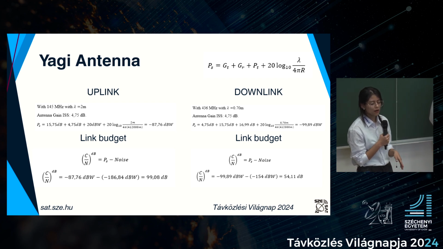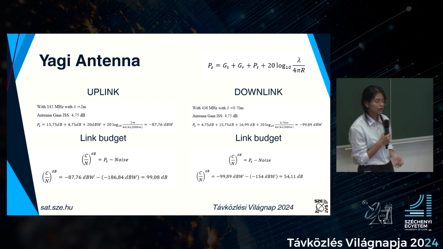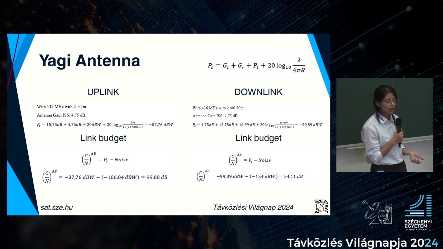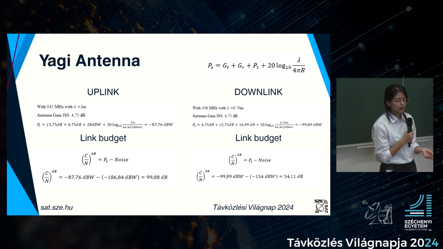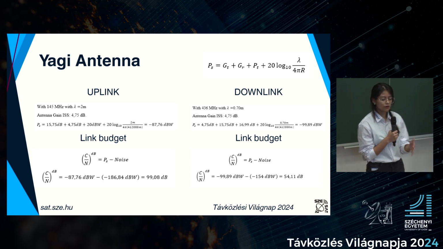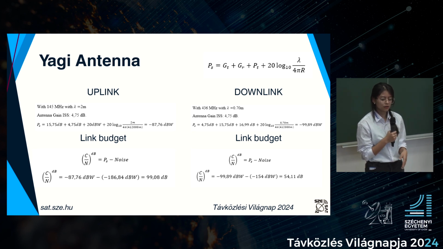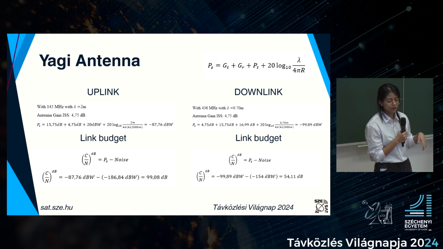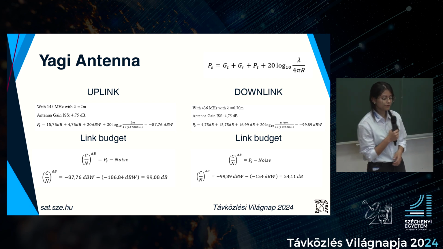For uplink, we have a power signal of minus 87.76 dBW, and we calculate the signal-to-noise ratio as the power signal minus the noise measured at the satellite, and we obtain a value of 99.08 dB. We calculate the same for downlink, with the power signal minus the noise measured on top of the dormitory, and we got 54.8 dB.